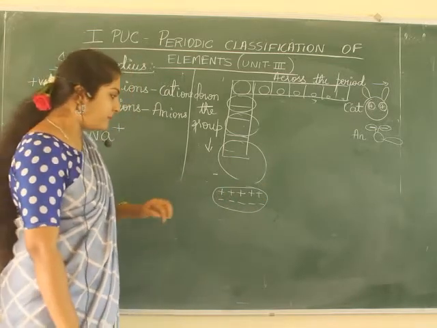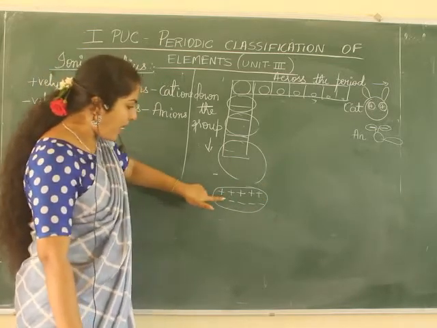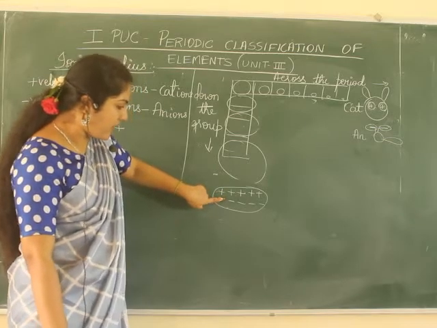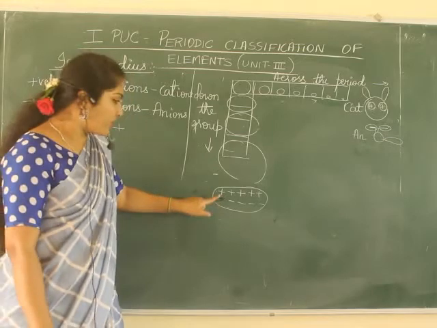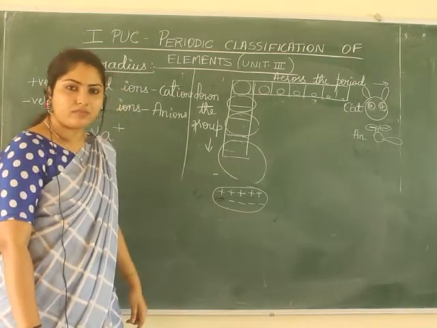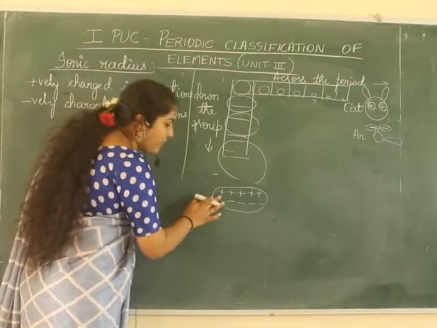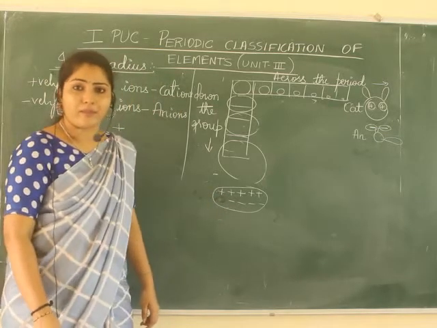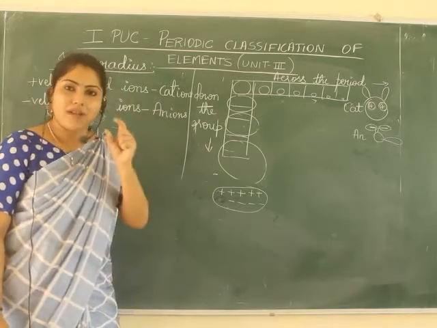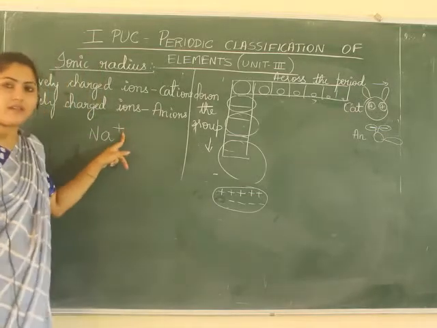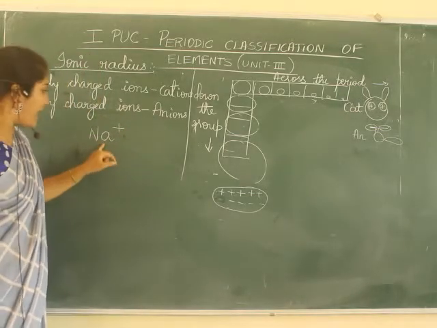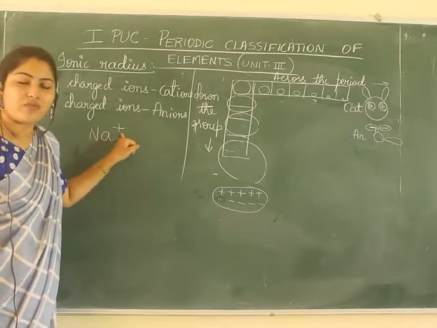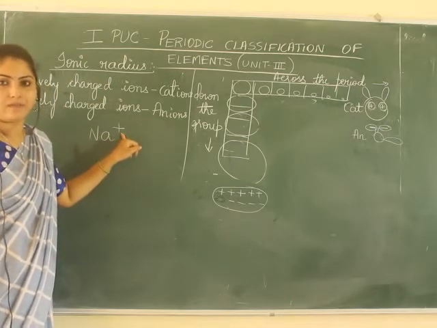Now if I remove one negative charge, what happens? One positive charge is extra now, right? That extra charge we represent this way.